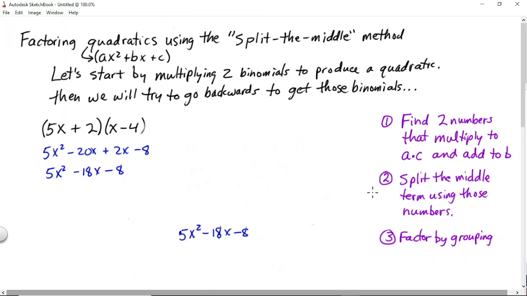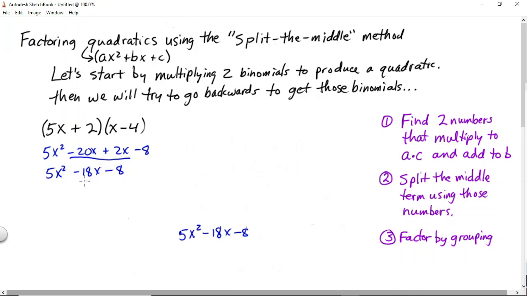We're going to use those numbers to split the middle term. So it won't be negative 18x. We actually want to split it into those two terms, okay? And we hope the numbers we choose will work. Okay, so they do have to add to b, right?